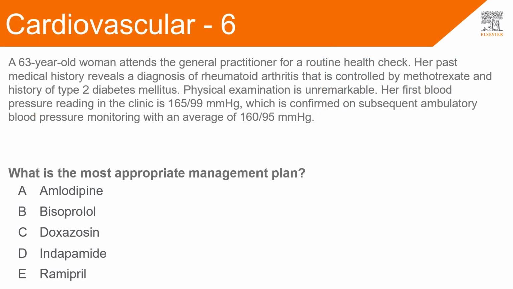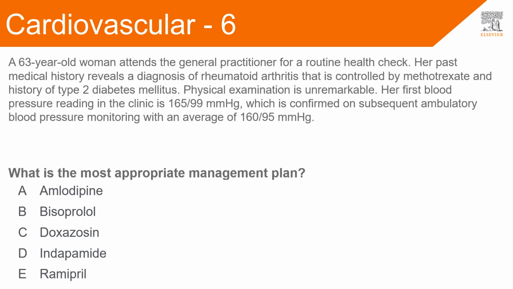What about this patient? We've got this 63-year-old woman that attends a GP with controlled rheumatoid arthritis on methotrexate. She's got a history of type 2 diabetes. She presents with a confirmed clinic blood pressure of 165 over 99, and this is confirmed on the second reading as well. Okay, so have a think.